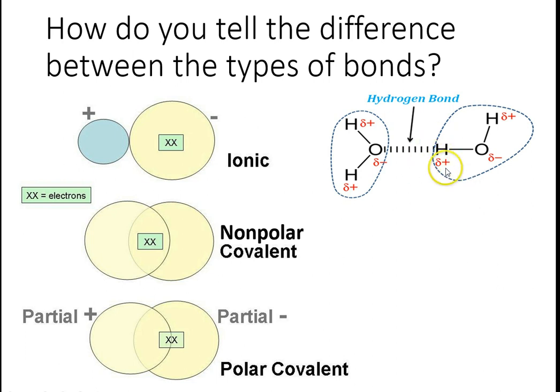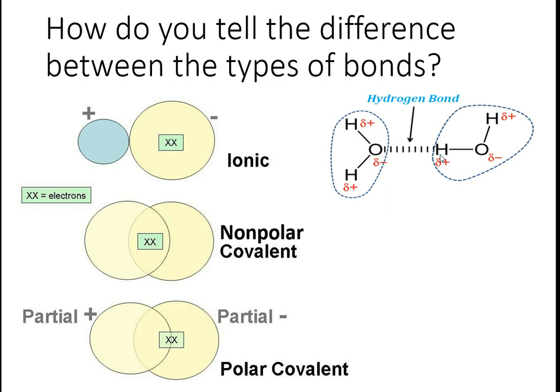Now, this partial positive charge and this partial negative charge are going to be attracted to each other because they are opposite charges. However, that attraction is very weak, so it doesn't necessarily hold those two molecules together for any period of time. That attraction is formed and broken very frequently, and so it's considered a very weak bond or a weak attraction.